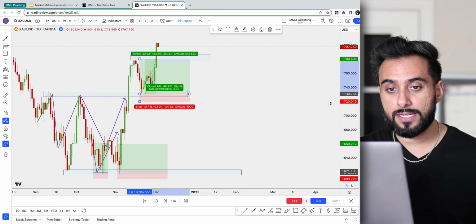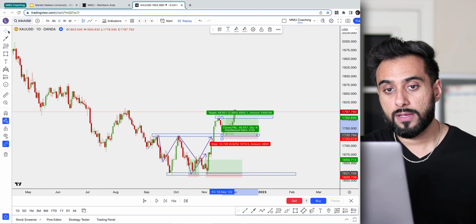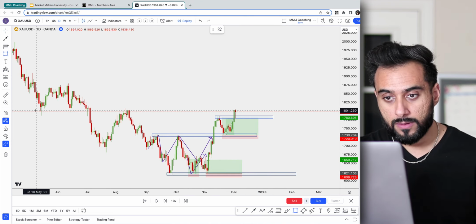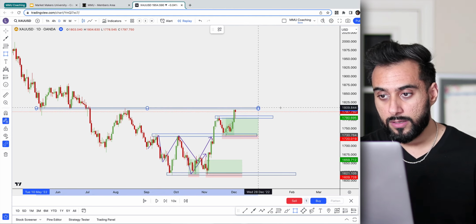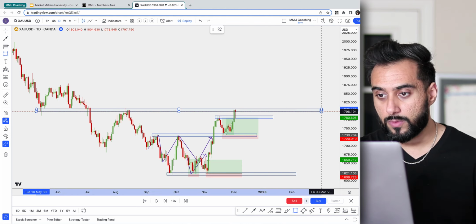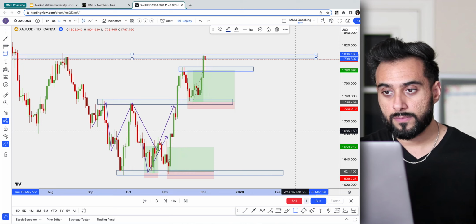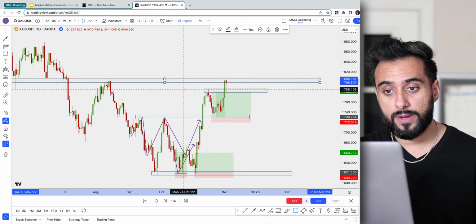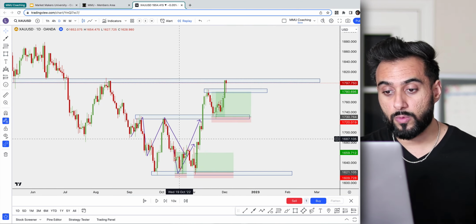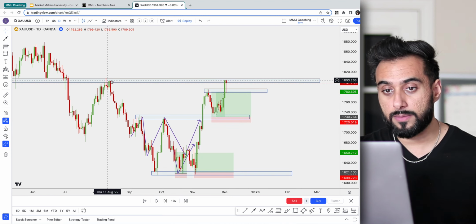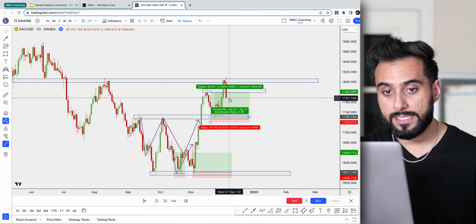Let's go ahead and center this and look at the history in the back. So we see there's a zone right here, and we can draw this out over here as well. This could be a potential area to enter a sell, a short, because this is a supply zone over here. Easy trade.